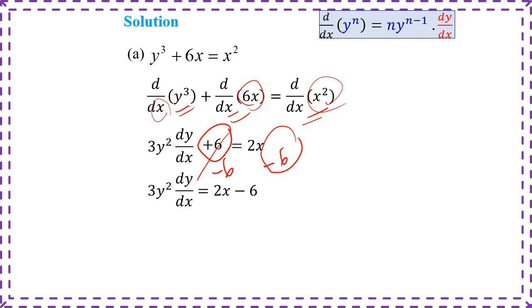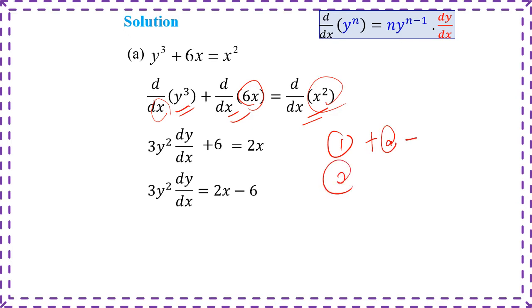Okay, now that settles the first step, which is the plus or minus. The second step, if you want the dy dx only, means that we have to eliminate the coefficient of it. So the coefficient is 3y squared. It's a multiplication of 3y squared with dy dx.